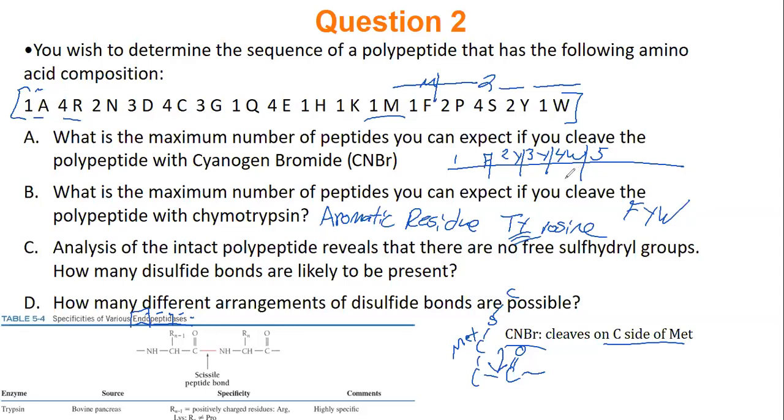So really, the math is the number of residues that you cut after plus 1 is the maximum number of peptides you can have. So in question A, we had 1 methionine, 1 plus 1 is 2. Here we have 4 aromatic residues, 4 plus 1 is 5.